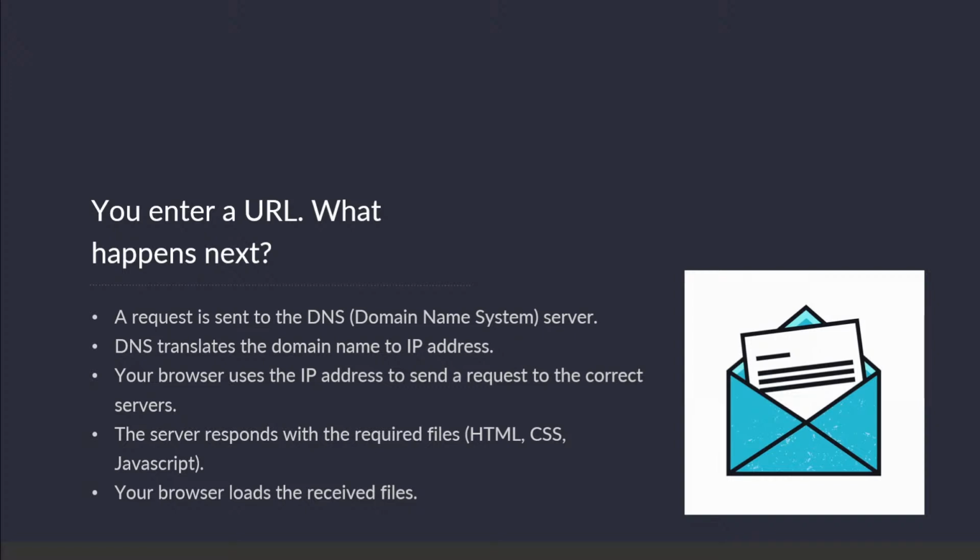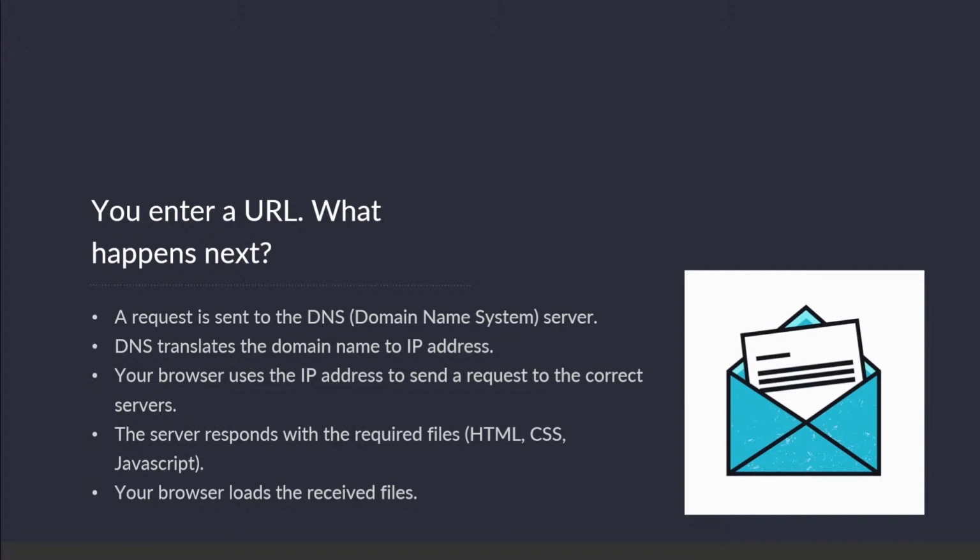The first thing that happens is we send a request to the DNS server. We'll talk more about that in just a second. Then the DNS translates that domain name to an IP address. Your browser then uses the IP address to send a request to the correct servers. Once the server gets the request, it takes the files and prepares the files that you want, sets them up in HTML, CSS, and JavaScript.